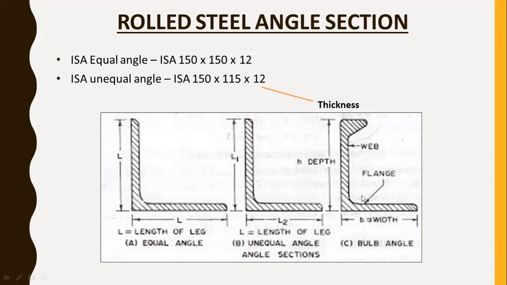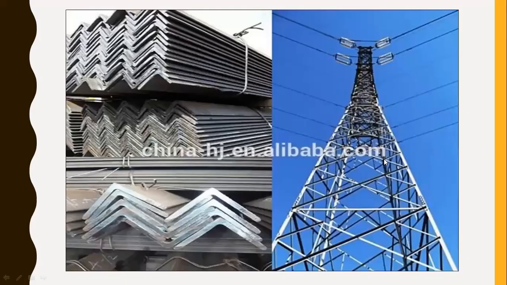And the third one is a bulb angle, right? Obviously, width B and depth are provided. We don't know if the width and depth are the same or not, but here in the top portion, the bulb size, some portion is given at the top, right? So because of that, it's known as a bulb angle.